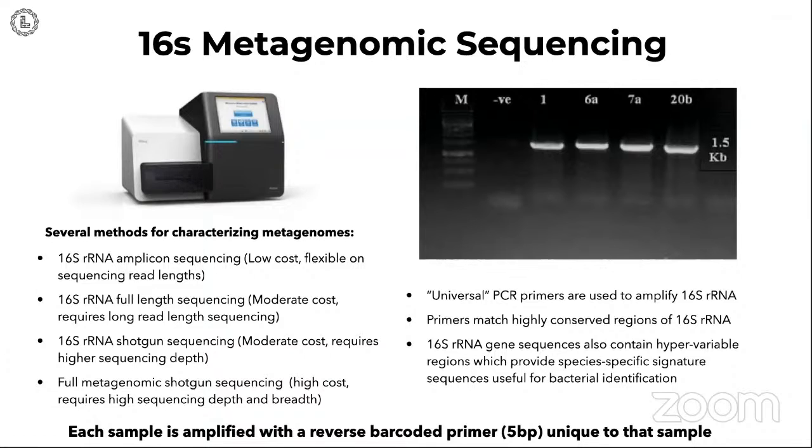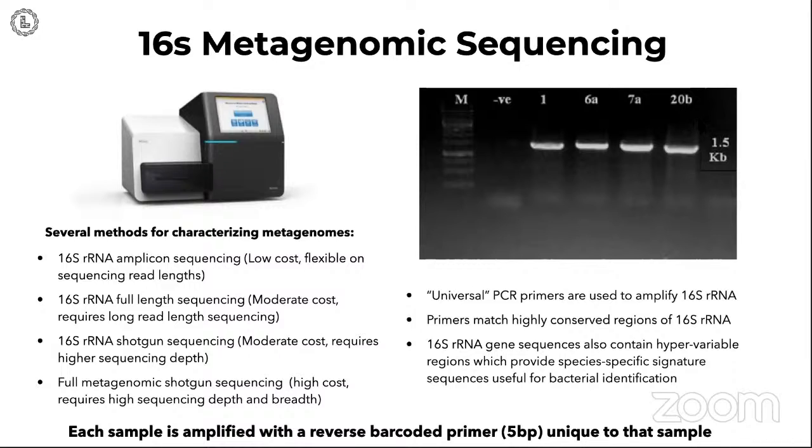Now that gene contains hypervariable regions. The regions of that gene, also known as HVRs, or hypervariable regions, provide specific signature sequences that are very useful for bacterial identification by their taxonomic association. So the benefit of amplification is also related to the nature of sequencing, because this particular gene is about 1,500 nucleotides in length.